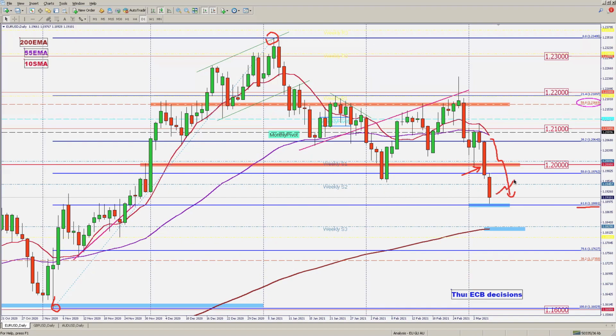There could be some pullback first, probably to test the 120 before continuation towards the daily 200 EMA at around the 118.30 area. And also this coming Thursday, there's the ECB policy meeting and their rate and policy decisions. So that will be a key event to watch out for as well.